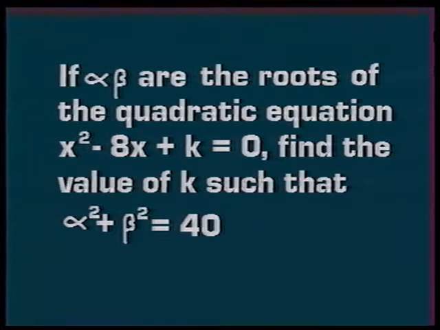Next question is, if alpha and beta are the roots of the quadratic equation x square minus 8x plus k equal to 0, find the value of k such that alpha square plus beta square is equal to 40.